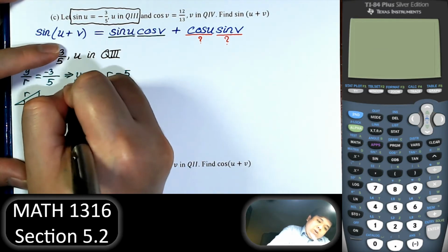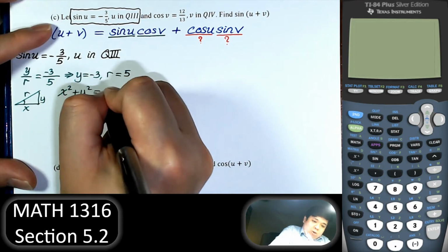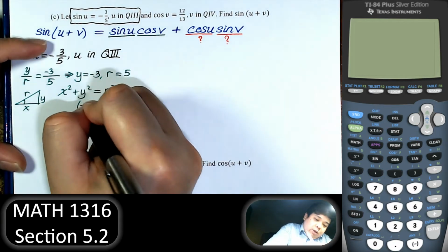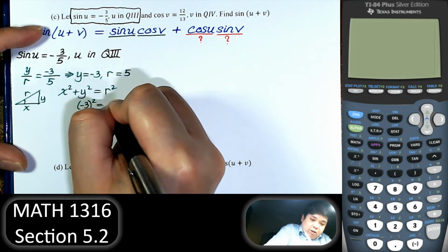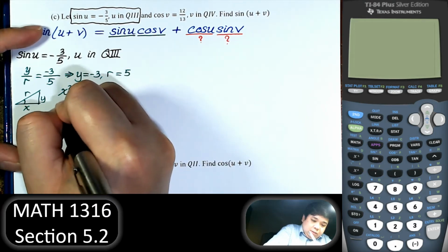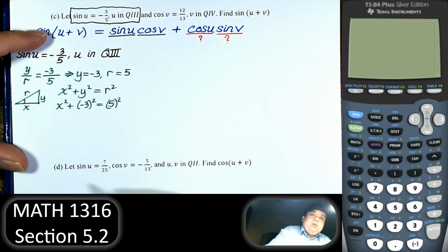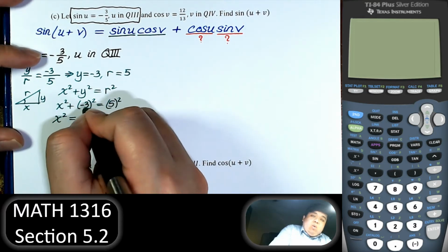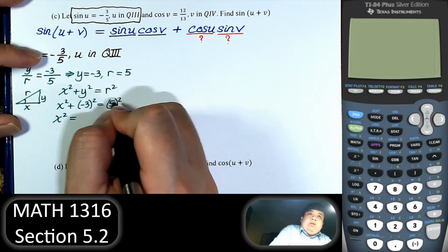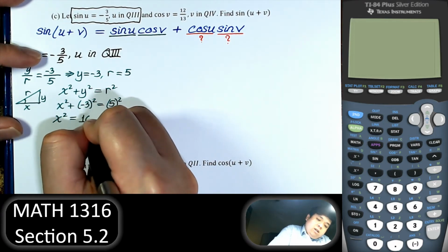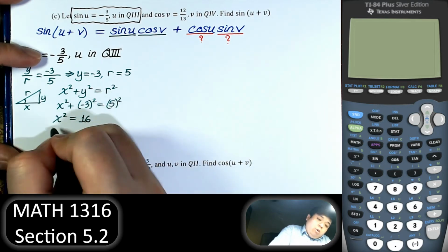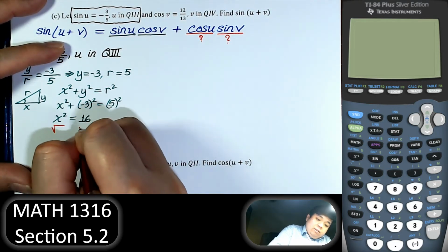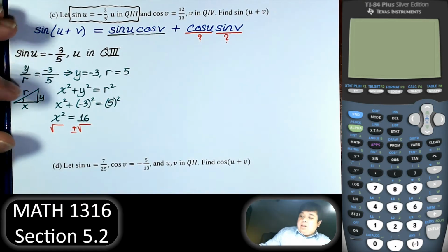x squared plus y squared equals r squared. So y squared is negative 3 squared, r is 5. So we have 5 squared, and 3 squared moves to the other side. 25 minus 9, that is 16. And take the square root on both sides. Remember, when we take the square root on both sides, it should be a plus or minus.